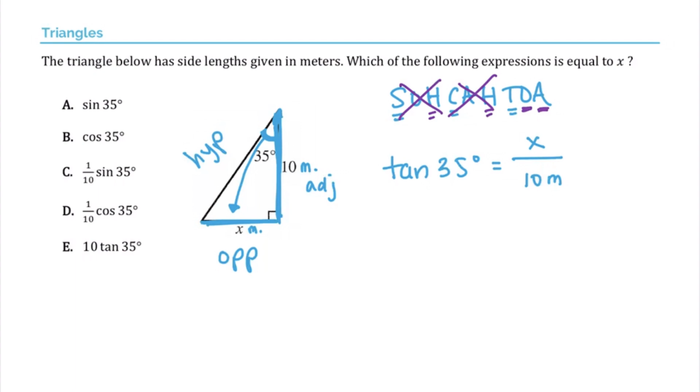Well, x is being divided by 10, so we'll do the opposite and multiply by 10 on both sides. So I get that 10 times the tangent of 35 degrees equals x, because of course these 10s cancel. So the correct answer is E. The length of this missing side x, which was opposite the 35 degrees, was 10 times the tangent of 35.